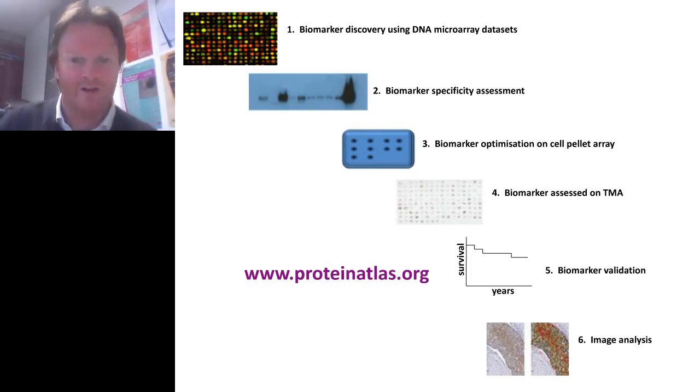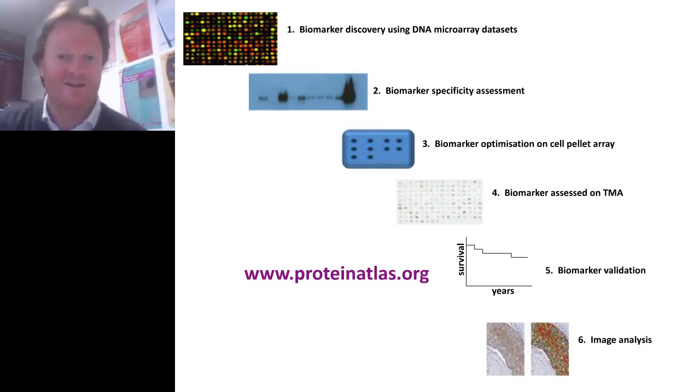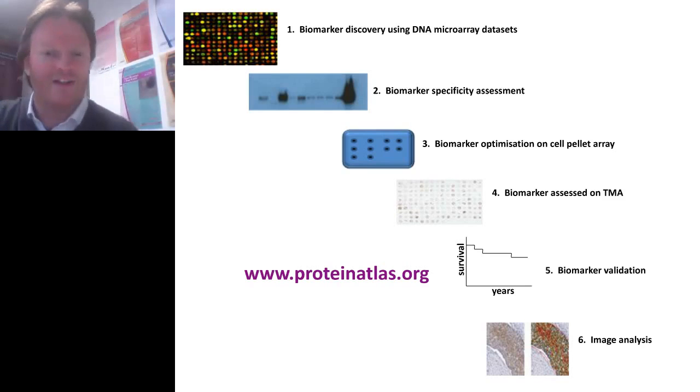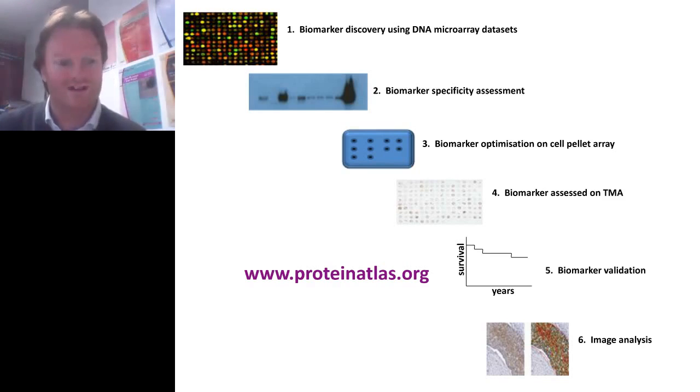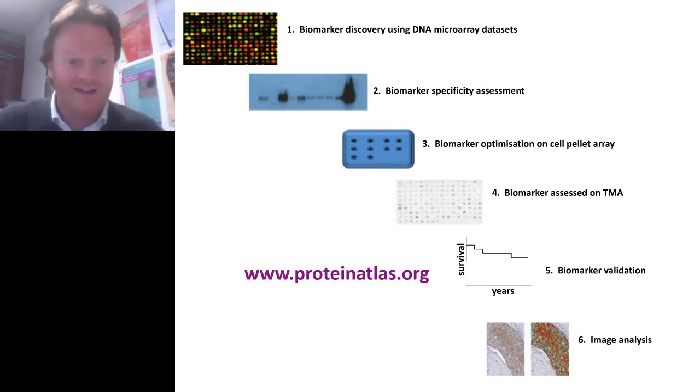What you really need to do is to check how specific the antibody is in the same chemistry that you're actually going to use for your diagnostic test. In this case, we're performing immunohistochemistry, so we evaluate the specificity of our antibodies using cell pellet arrays. Cell pellet arrays are basically plugs of cells that we formalin fix and embed in paraffin and process in exactly the same way that we would process tissue that we then use for our tissue microarrays.